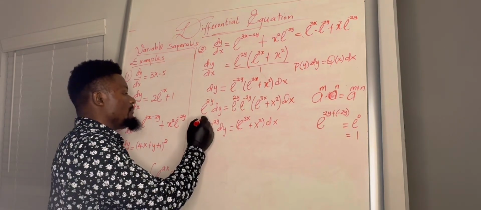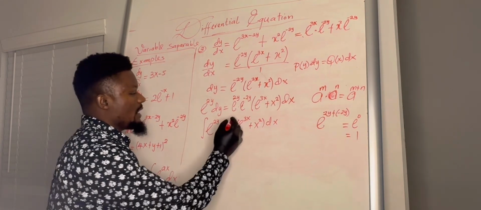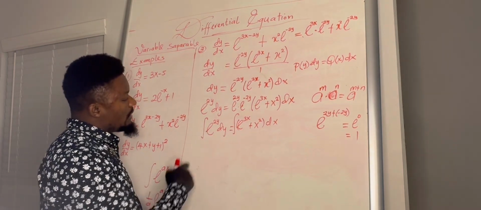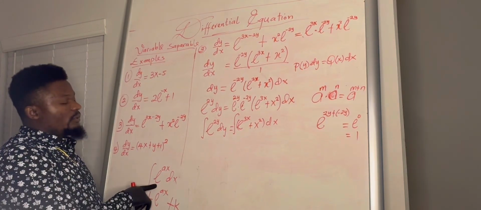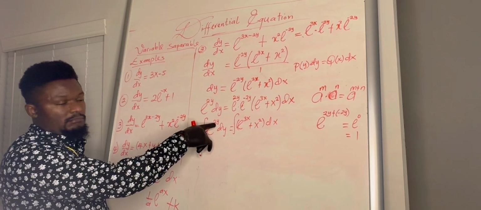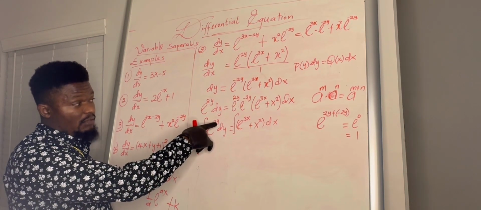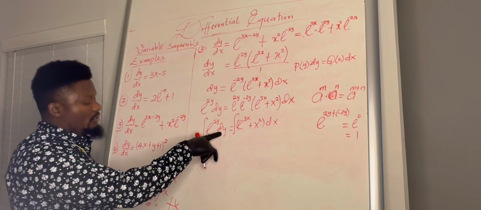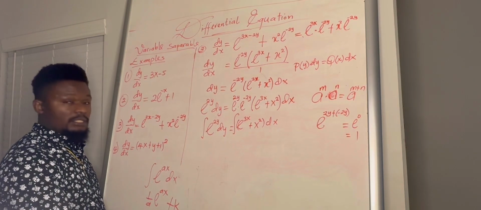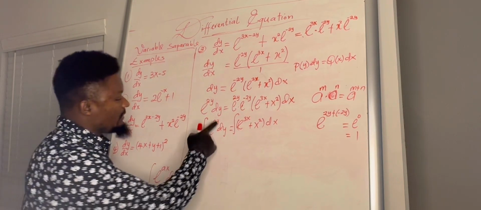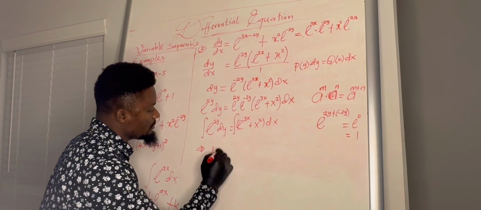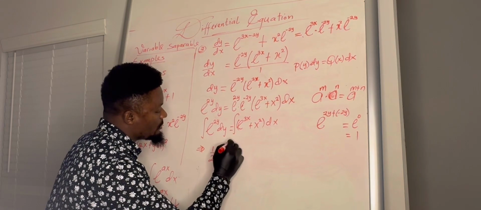I can go ahead and apply my integral signs on both sides. The indefinite integral of this, remember this rule, whenever you have expo of a linear function with respect to y, you have to differentiate the exponent and put it as a denominator. If I differentiate 2y with respect to y, I have 1 over 2 expo of 2y.